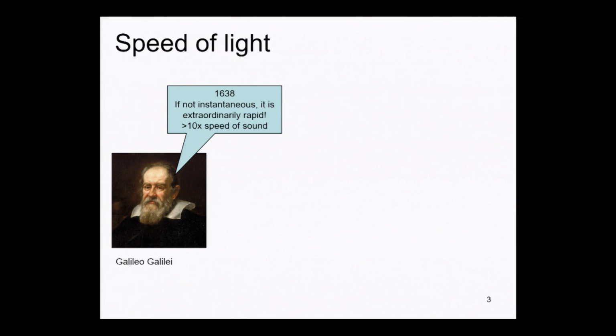The first attempt was done by Galileo. In 1638, he was doing an experiment, trying to extract the speed of light, but he was not super successful. His conclusion was that if the speed of light is not instantaneous, then it is super fast.